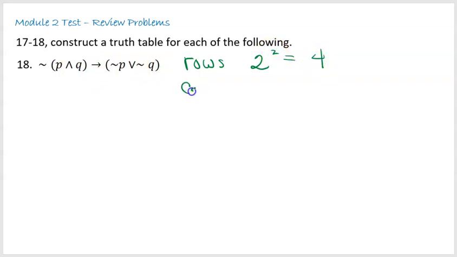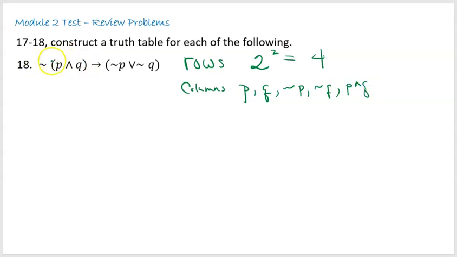Now, the number of columns is very dependent on what you have in your statement. So we definitely need a p column and a q column, because those are our 2 components. Notice I also have a not p and a not q. Just like the last problem, we need both of those represented. And then I have my set of parentheses here, p and q.